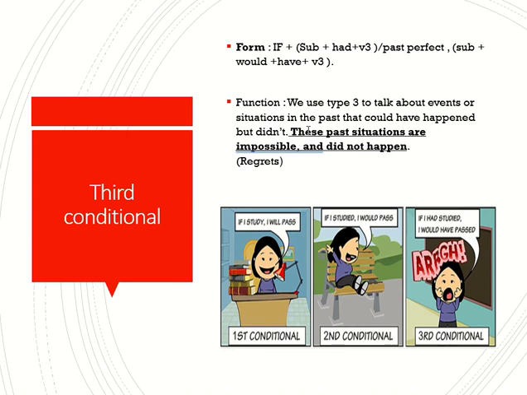When we talk about the past, the actions are impossible to change because it was in the past, so it didn't happen. So here we talk about regrets. When you regret something, you use the third conditional.